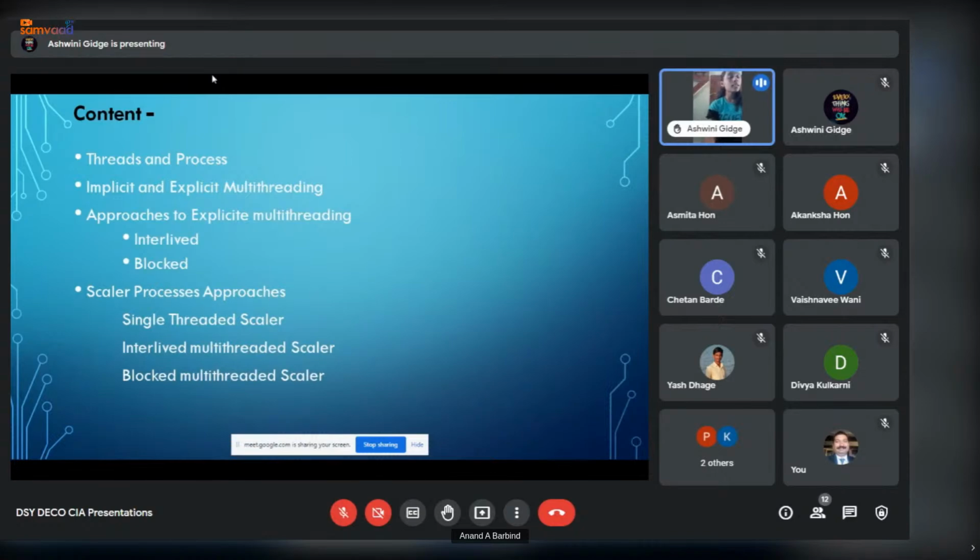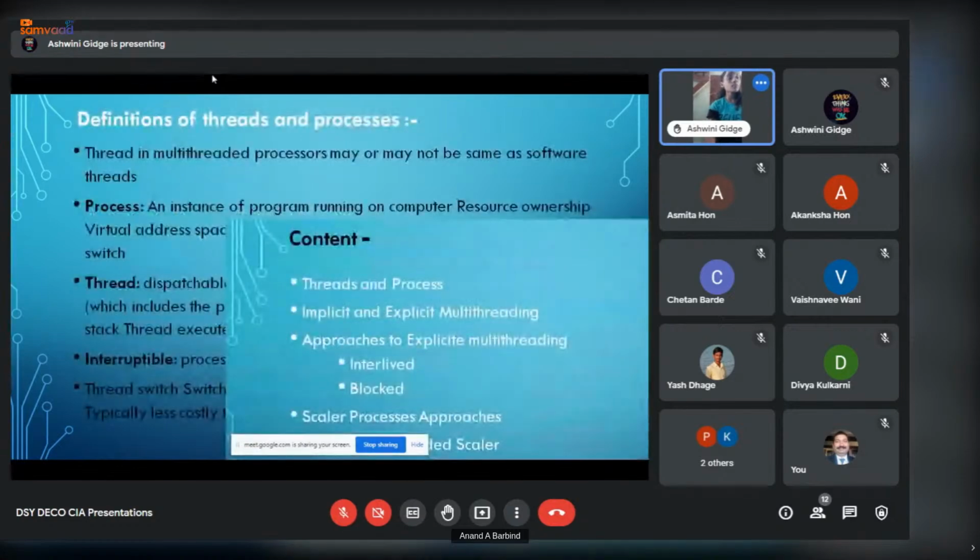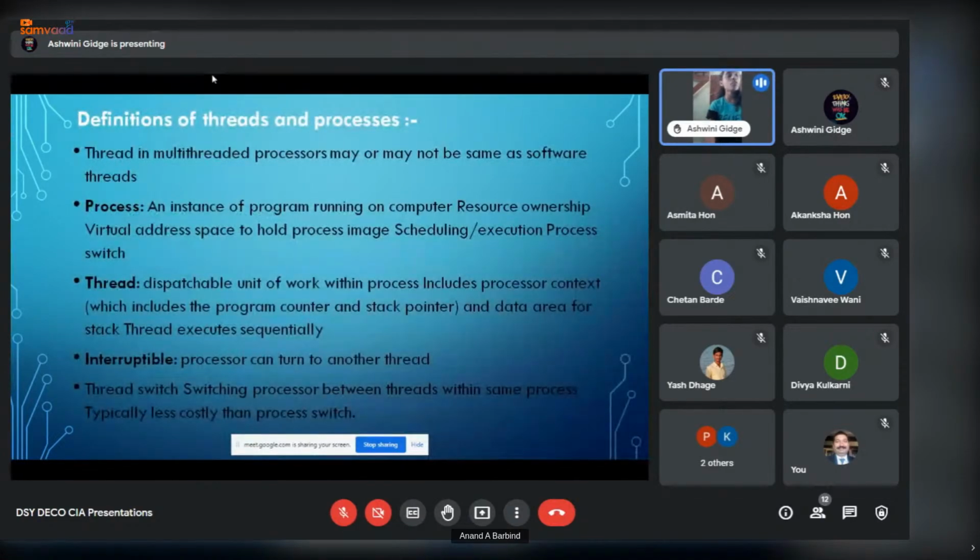Next is the scalar processor approaches. Then single threaded scalar, interleave multithreaded scalar, and block multithreaded scalar. Here is the definition of threads and processes. Threads in multithreaded processors may or may not be the same as software threads, meaning they may be different.